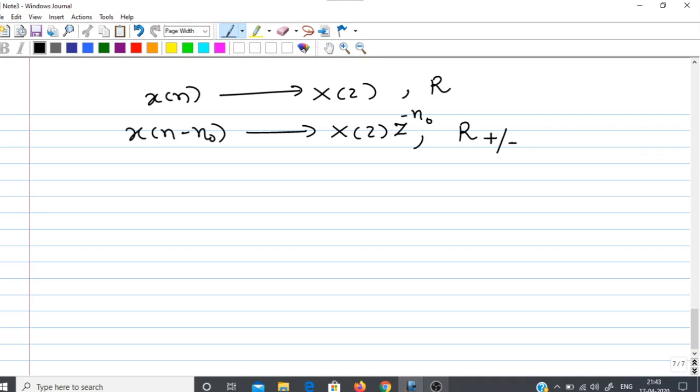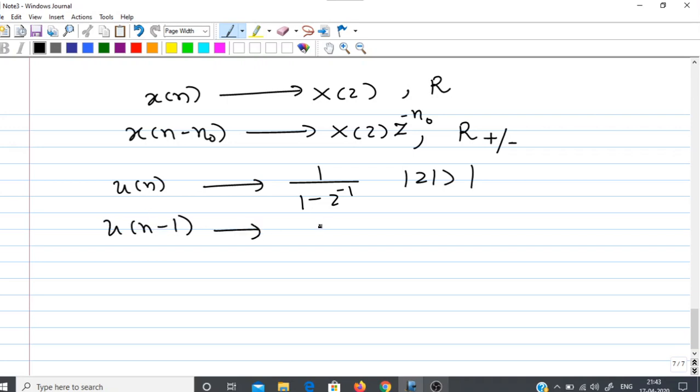Now, the Z transform of u(n) is known to us, 1 upon 1 minus z inverse with mod z greater than 1. And the Z transform of u of n minus 1 would be what? You multiply X(z) by z inverse. So z inverse upon 1 minus z inverse.